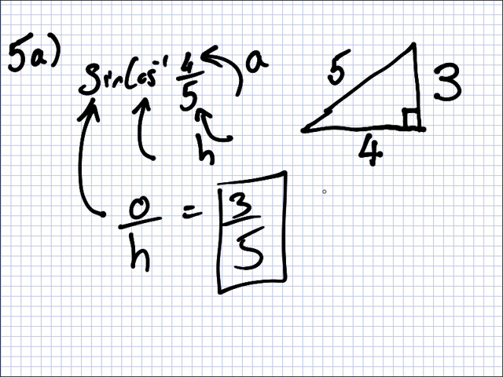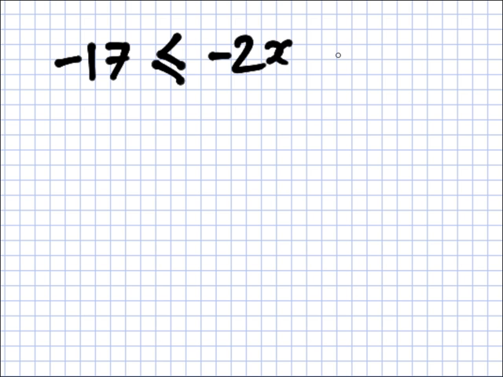It's from the midterm test. Number 4. We solve the inequality. What's the inequality? Minus 17 is less than or equal to minus 2x plus 7, and less than 5.